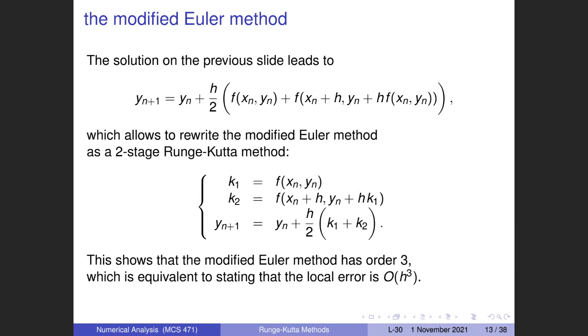The point is also that the order is order 3. So the method that we have used to derive Euler's method also gives us a justification for the local error.